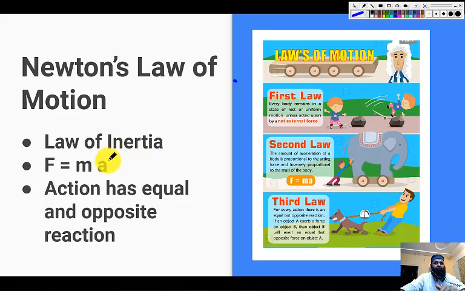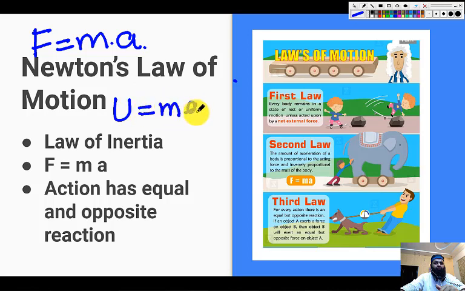The second law is probably the most popular, which is F equals ma, and you might think that this does not mean anything, so we say that there is some quantity F which is equal to mass times acceleration. So why don't we just define another quantity? Let's say I define another quantity u, which is equal to mass times acceleration squared. Let me just fix my a, it was not the nicest a.